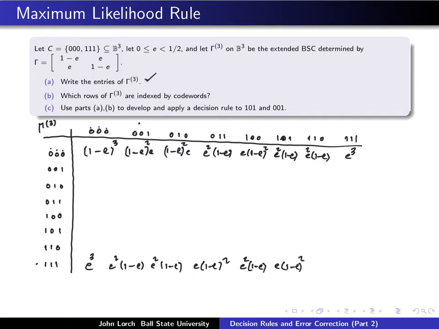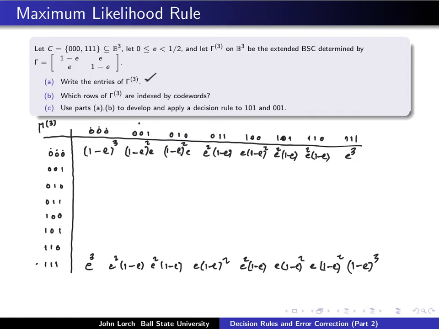And then output 1, 1, 0, we have a 1 bit flip. And then finally, when the input and the output are both 1, 1, 1, we have no bit flip, and so the probability of that is (1 minus e) cubed. All right, so that, modulo the middle 6 rows, those are the entries of gamma 3.